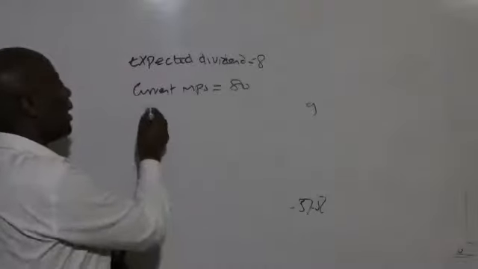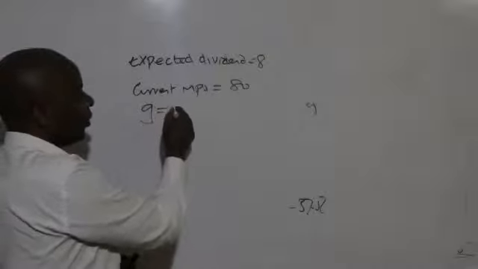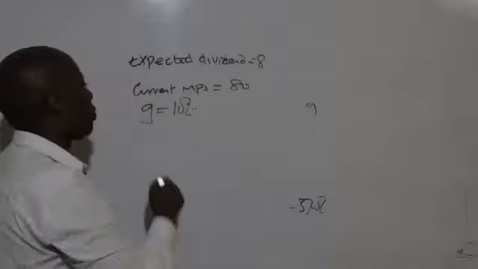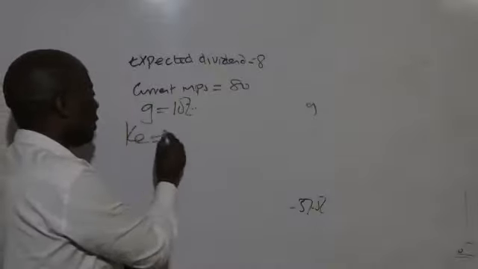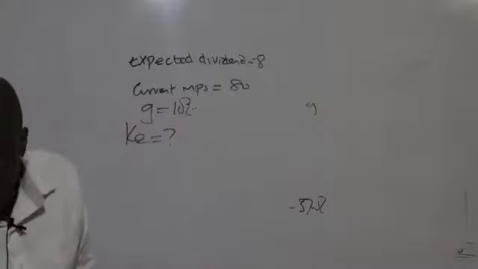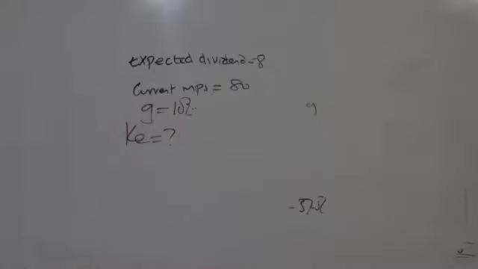And then they'll go ahead and give you the growth rate, which is perhaps 10%. So then they'll ask you to give us Ke. Let me give you 1 minute. Give me Ke as we break.